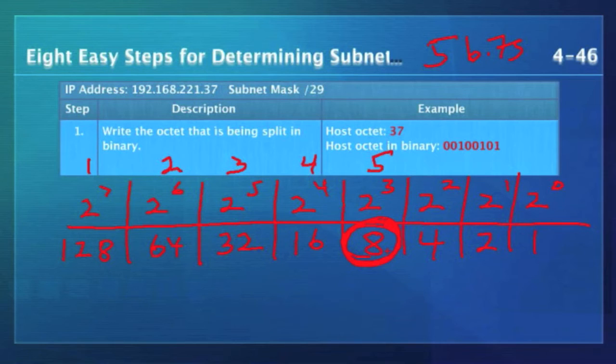This is how your subnets increment. So your subnets increment from 0 to 7, 8 to 15, 16 to 23, 24 to 31, 32 to 39.